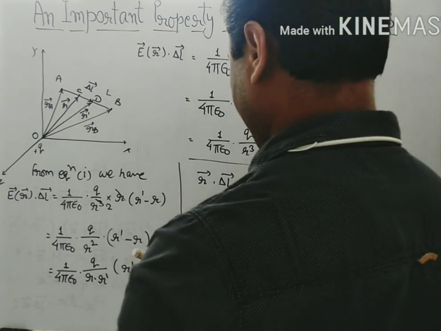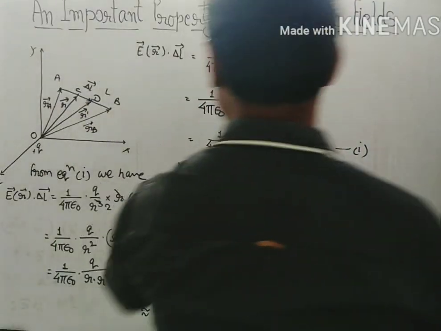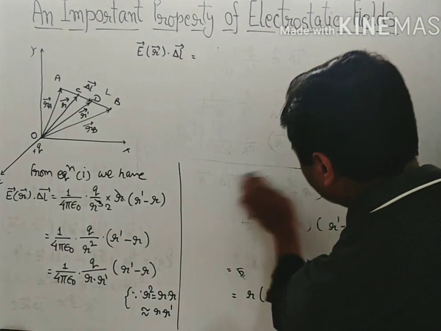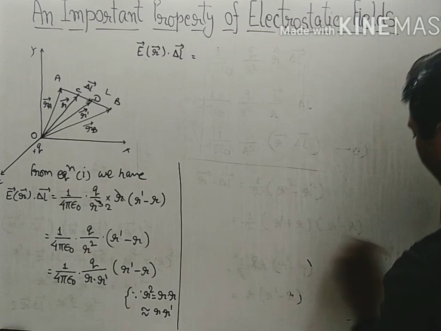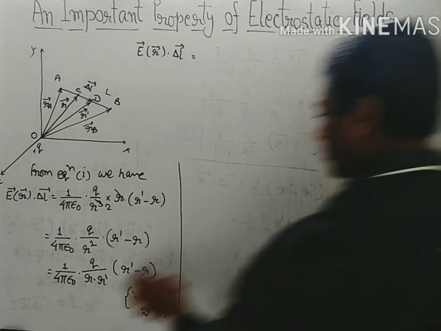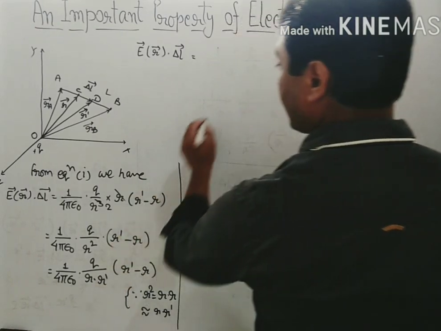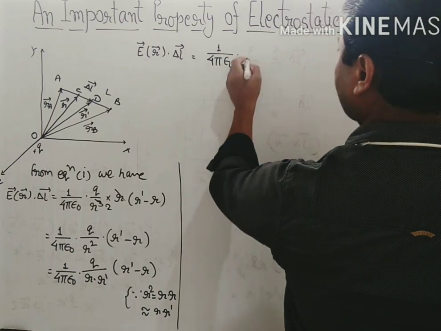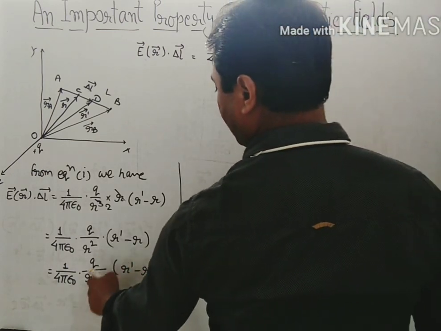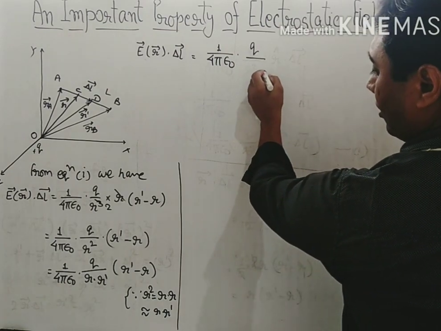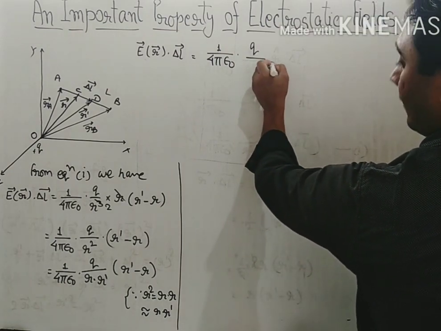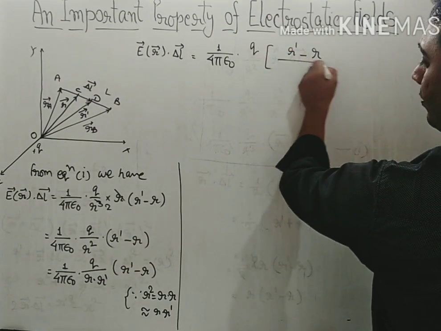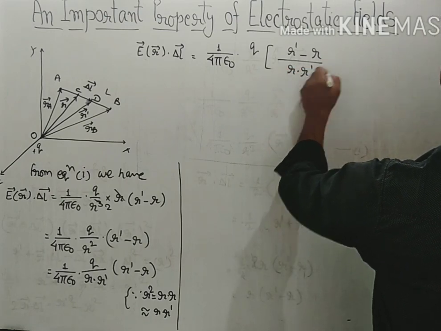So thereafter we can move ahead and proceed. Hereafter we come at this thing equal to 1 upon 4 pi epsilon naught q upon this thing r, or else you can write inside it r prime minus r upon r into r prime.